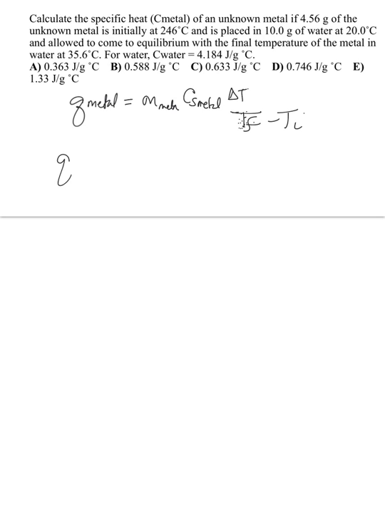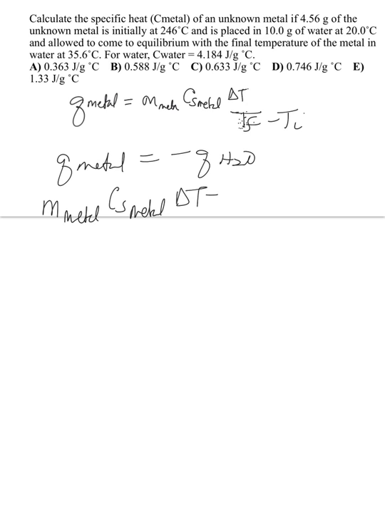And then Q of the metal equals negative Q of the water. So the heat is going from the metal to the water. You might actually have the negative sign the other way, but basically you're going to set these two equal to each other. Mass of the metal times specific heat of the metal times delta T equals the negative times the mass of your water times the specific heat of your water times the delta T of the water.